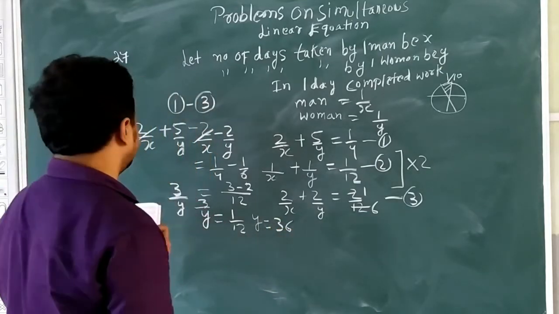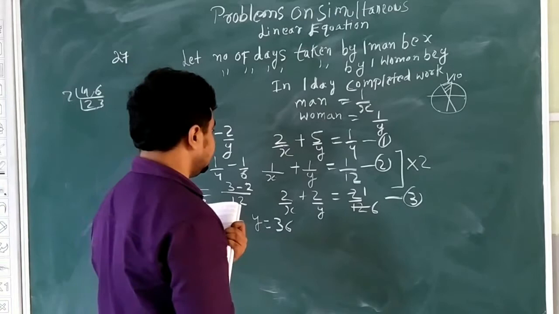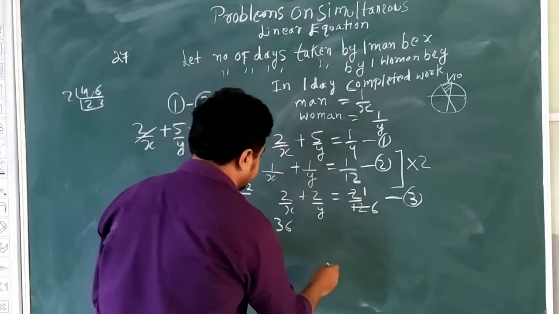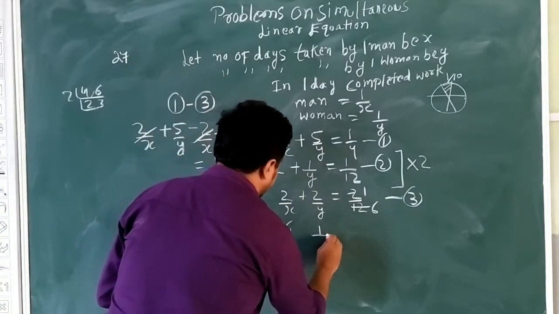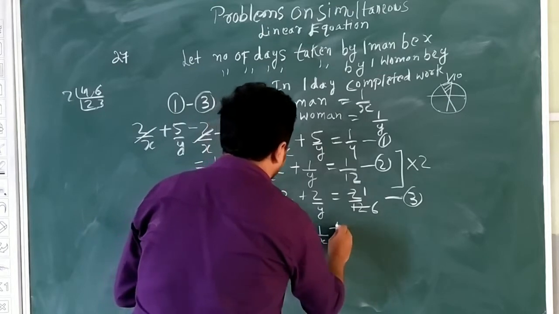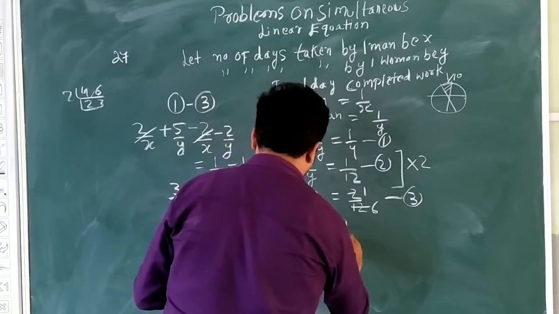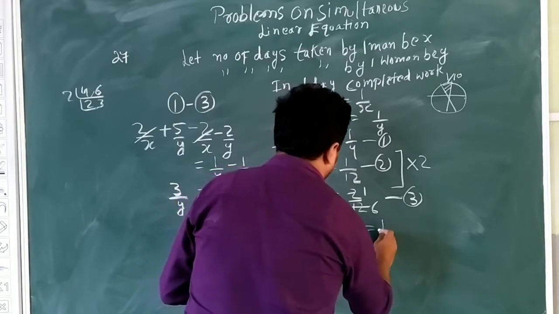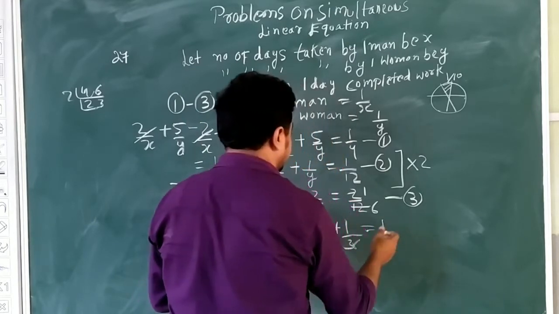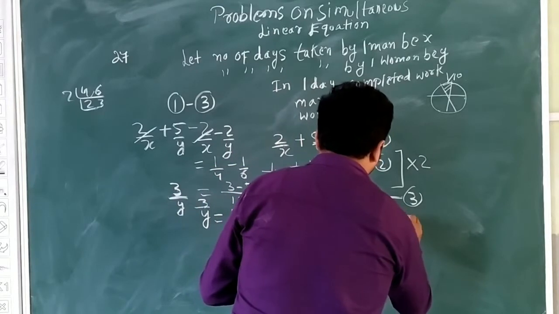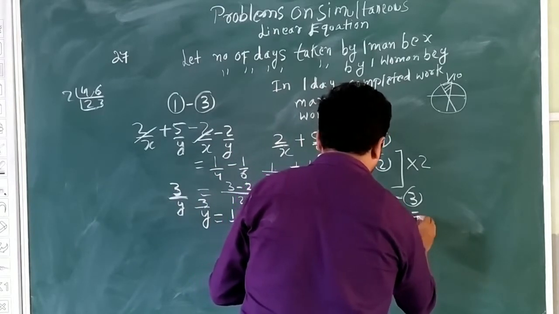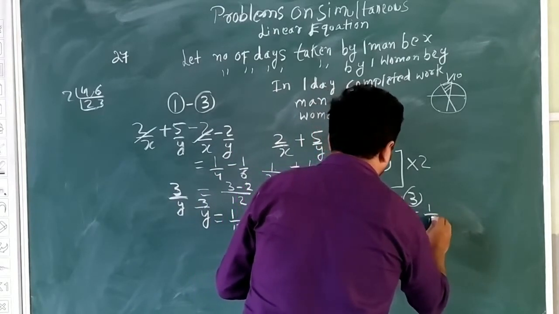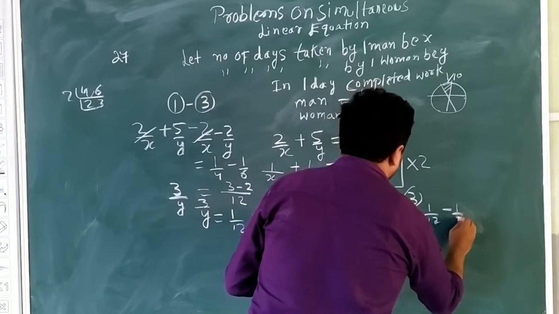If I substitute the value of y in any of the equations, substituting here, 1 by x plus 1 by 36 is equal to 1 by 12. So 1 by x will be equal to 1 by 12 minus 1 by 36.